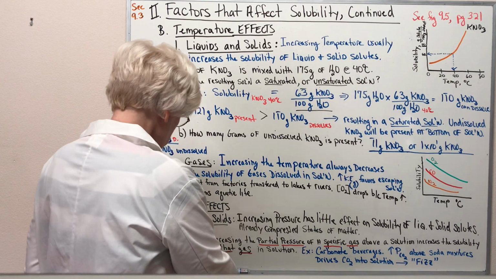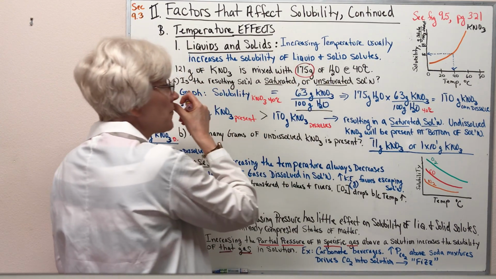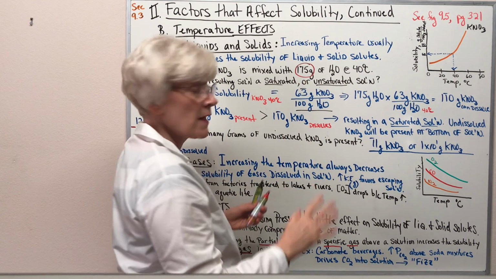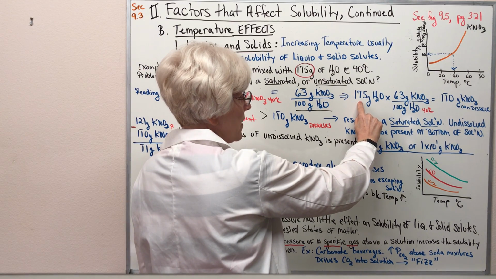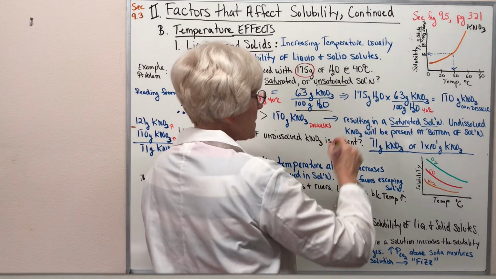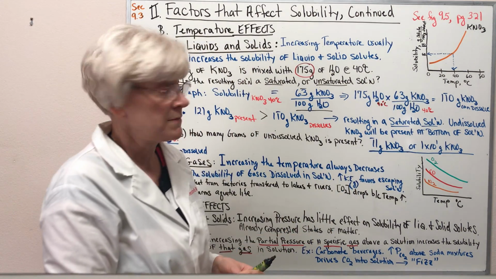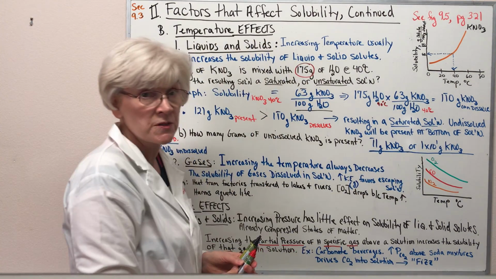Well, the problem told us that we had 175 grams of water. So we can use this solubility and answer the question, if you have 175 grams of water at 40 degrees Celsius, and the solubility of potassium nitrate is 63 grams per 100 grams of water.